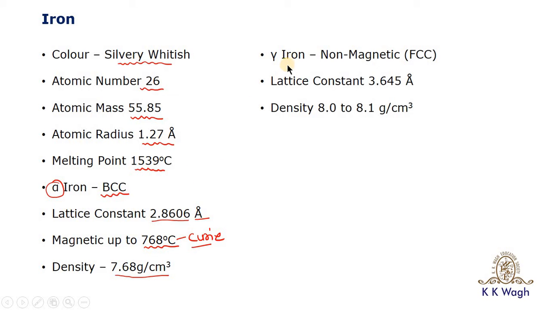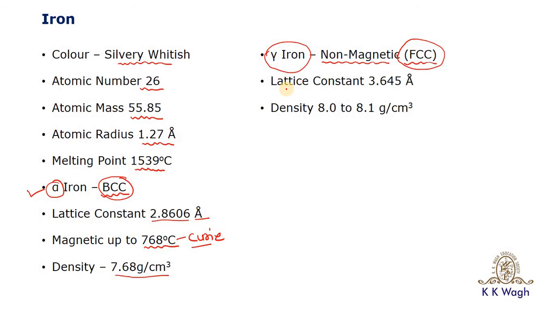Then its density is 7.68 gram per cubic centimeter. Then gamma iron is non-magnetic in nature and its crystal structure is FCC. So we can notice that if iron is alpha iron, it can exist in the BCC form, body centered cubic structure, whereas if it is gamma iron, it can exist in the form of face centered cubic structure.